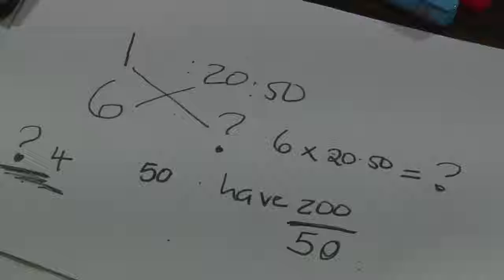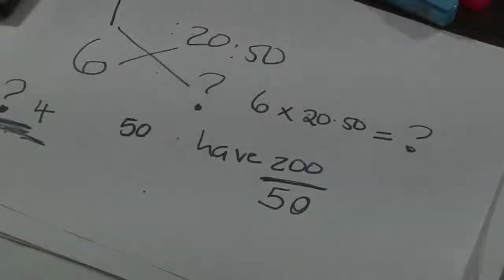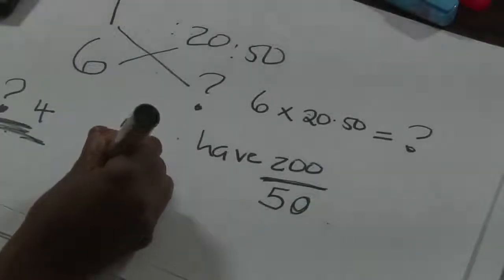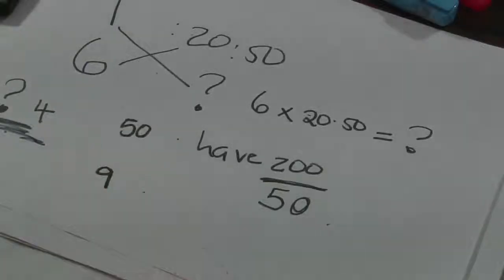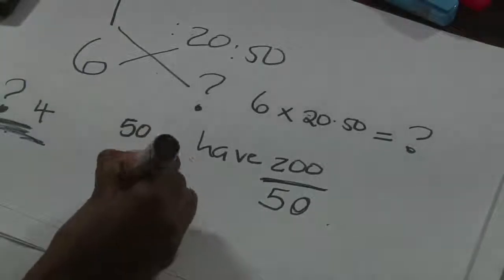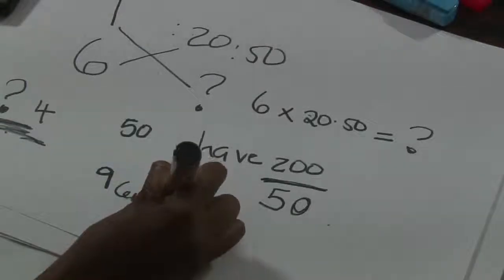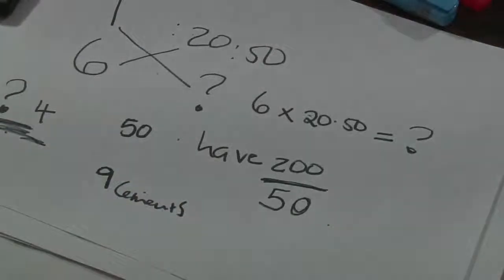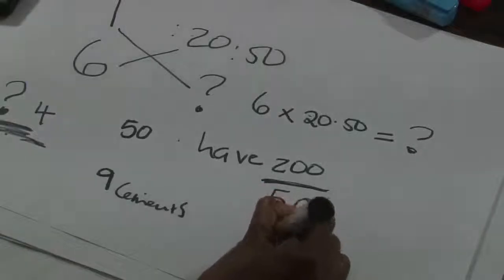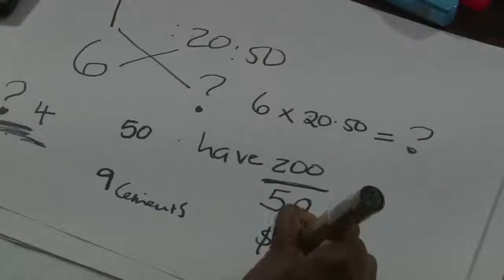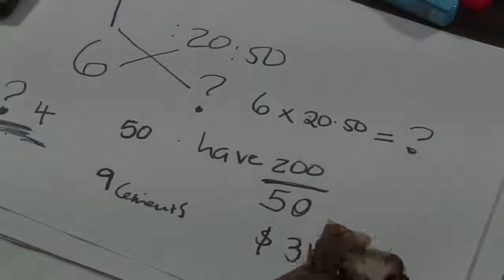And the next one, you need 9 cements. When you check in your purse, you have 315.